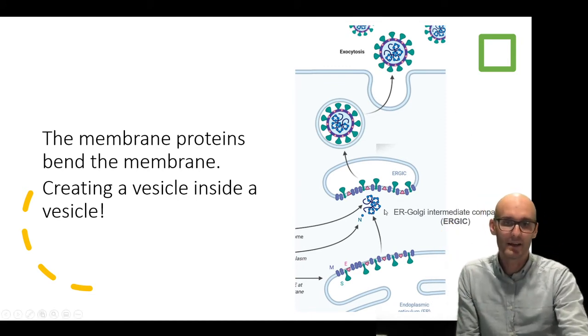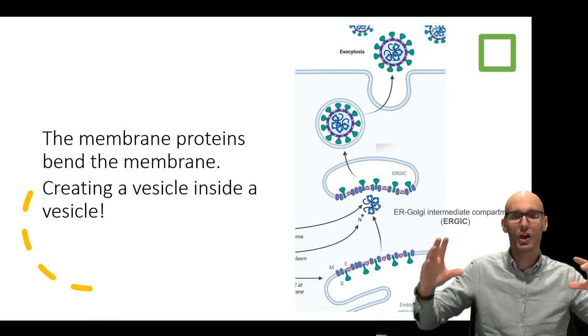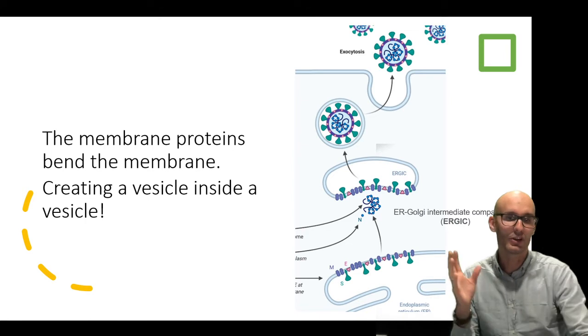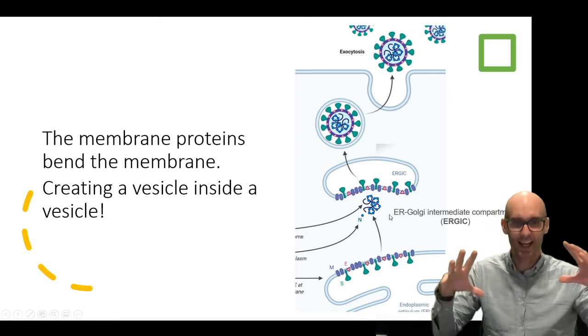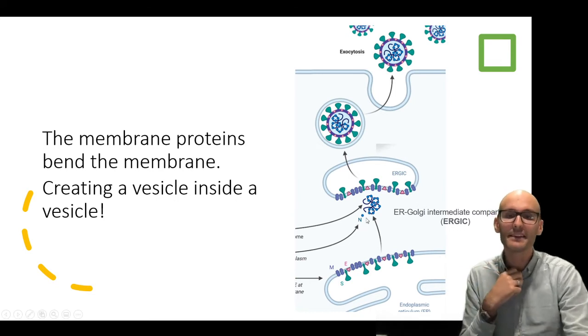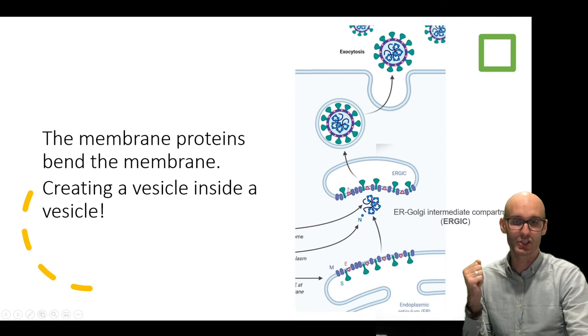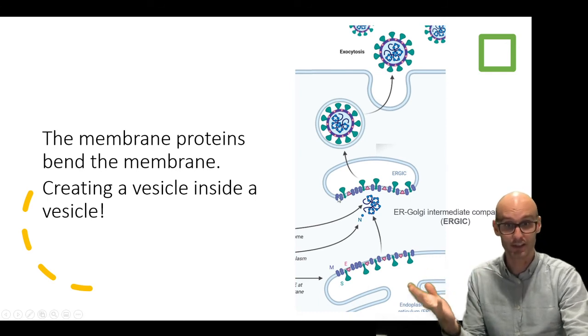Now, the full genome transcript, not the subgenomic transcripts, but the full genome is then bound to the nucleoproteins to form its sort of like densely packed genome plus protein. And it is then attracted to these membrane proteins that have been produced by the viral subgenomic transcripts.